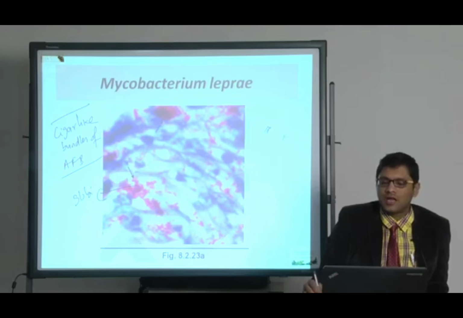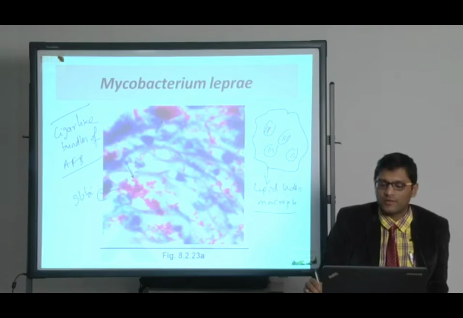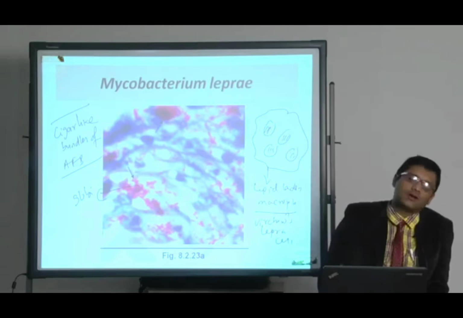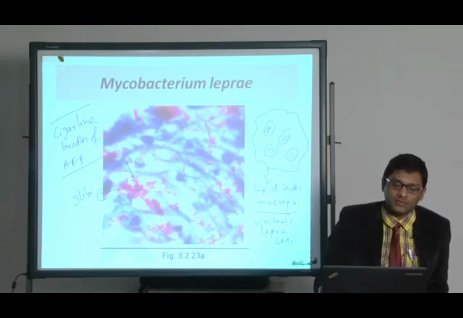The globi are present inside a lipid laden macrophage, which is called Virchow's lepra cell. Here of course the macrophage outline is not clear, but globi, the clumps of bacilli, are clearly seen.